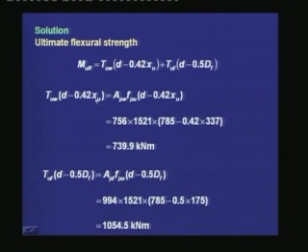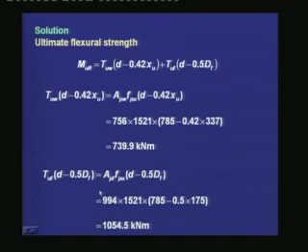Now, the first component of the moment is equal to APW times Fpu times d minus 0.42 XU. All these terms are now known to us, and once you substitute the values, we get the first component of the moment to be 739.9 kilonewton meters.